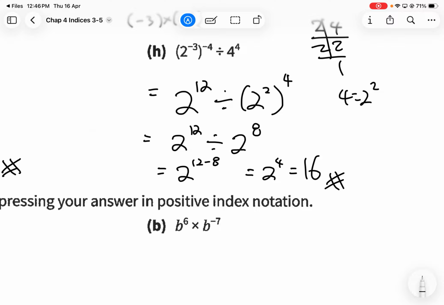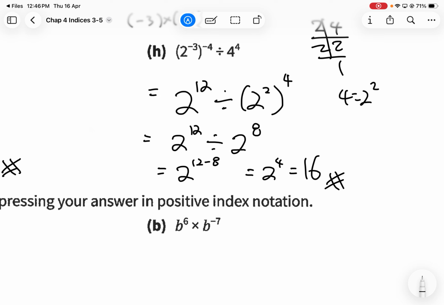This one don't need to go to the denominator. Any number to the power of 0 is also equals to 1. So it's just 1. Equals to 1 minus 1 over 2. This itself is 1. This itself is half. So 1 minus half is half.